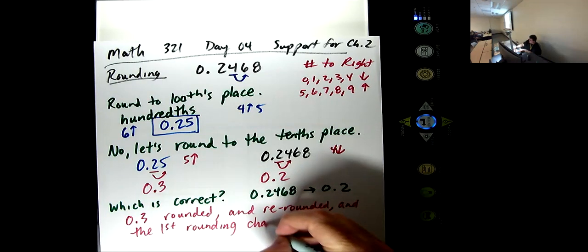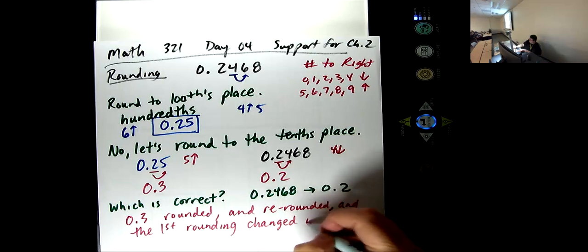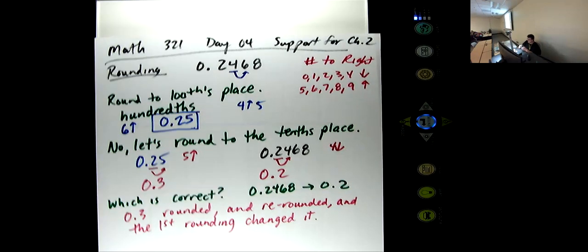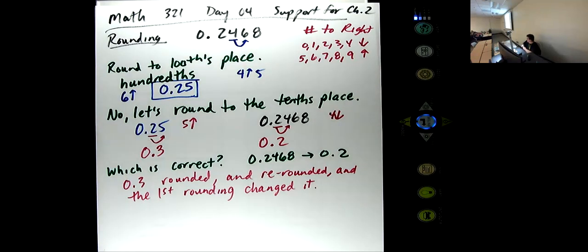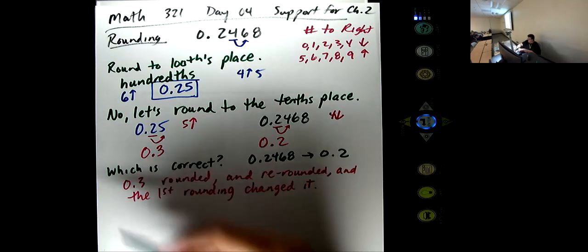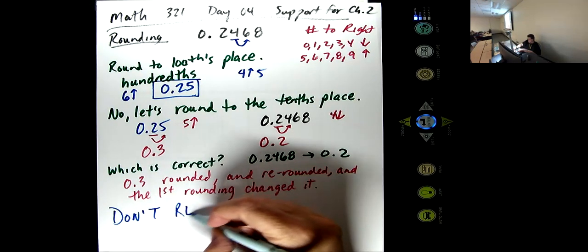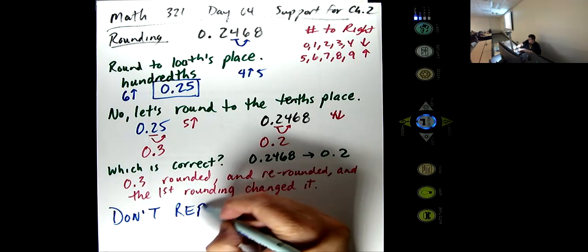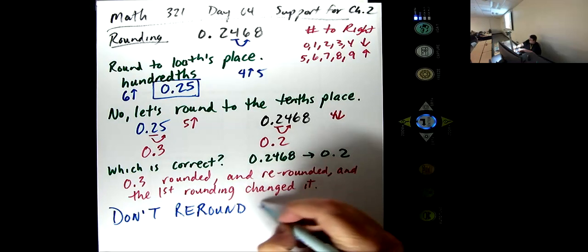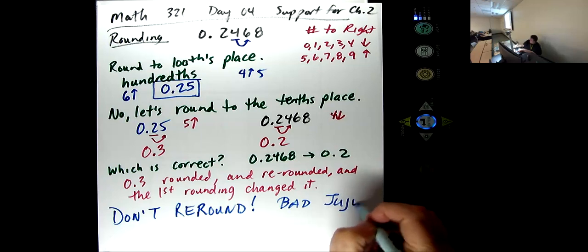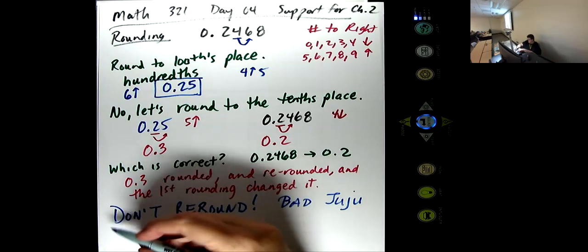So the moral of the story here is don't re-round. This is bad juju. Don't do this. Always go to the original.